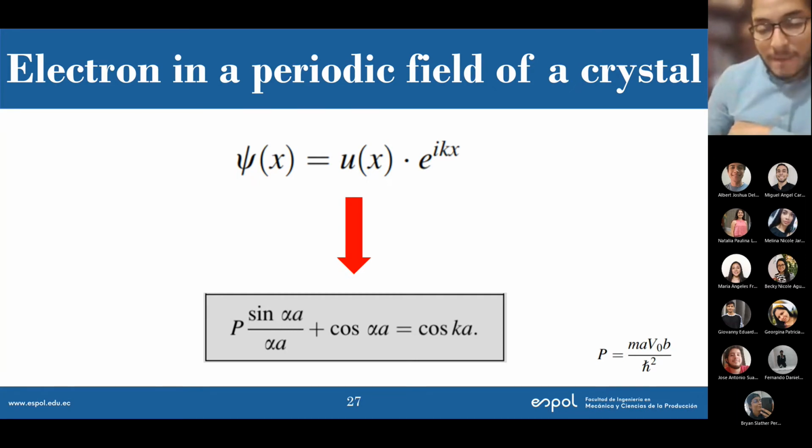What will that case be? Miguel and Natalia talk at the same time. Okay, let's go, Miguel. If P equals 0, what does that mean? That we are not having a region. Instead, we have a potential like a line, and it's related to the quantization of the energy.